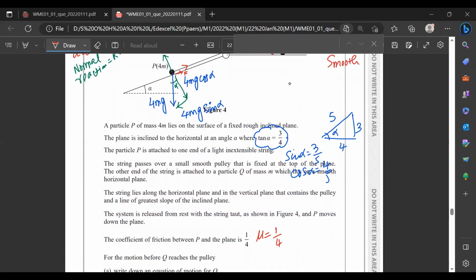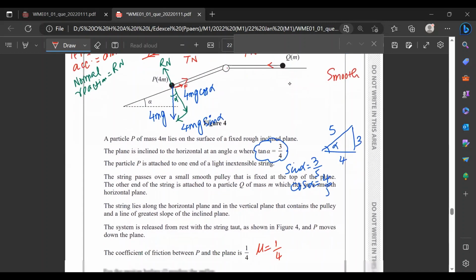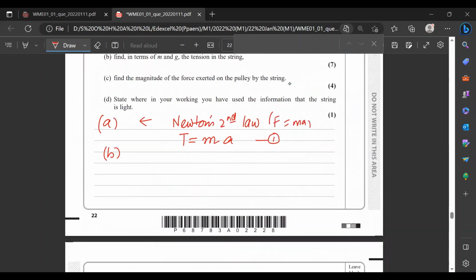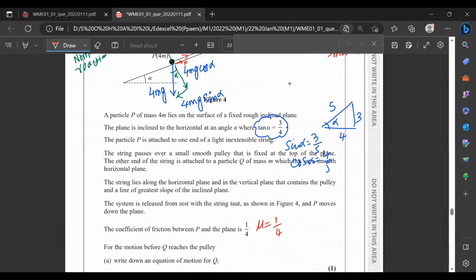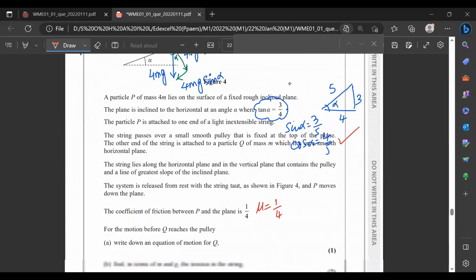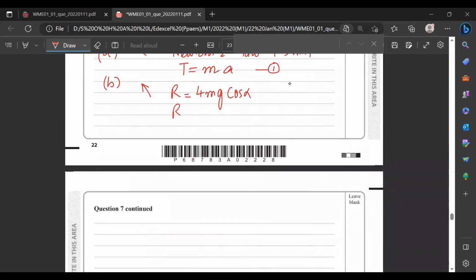So F equals mu R. We need R, so first calculate R for P. R is equal to 4mg cos alpha, and cos alpha is 4 over 5 here. So R is equal to 4mg times 4 over 5. So the R value is 16 over 5 mg.